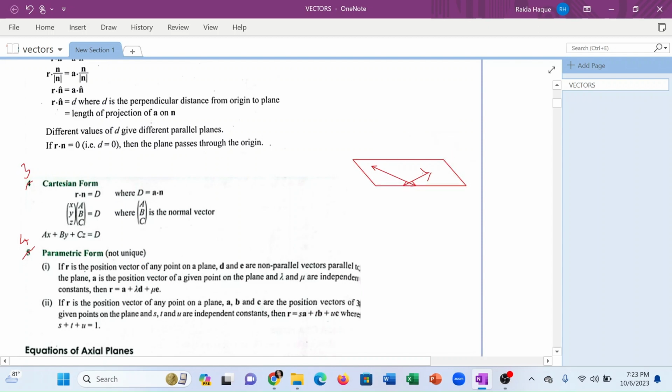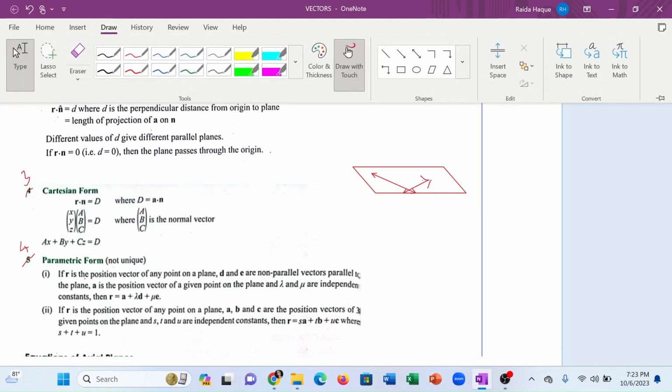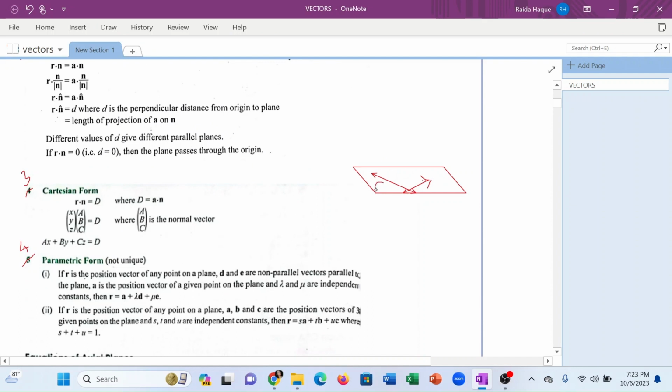Okay, so let's say the direction vector of this line is d. The direction vector of this line is e. Then how can we describe the plane? We need the direction vector of this line, we need the direction vector of this line, and we need any point on the plane, any random point.